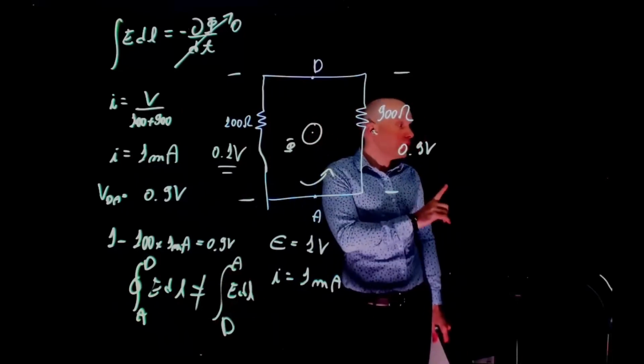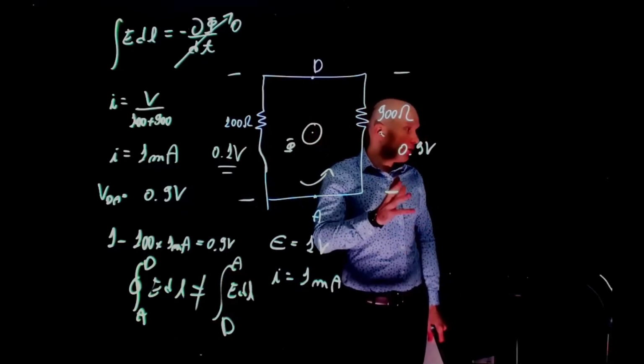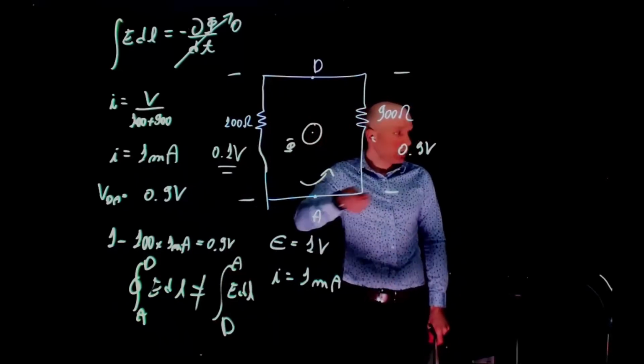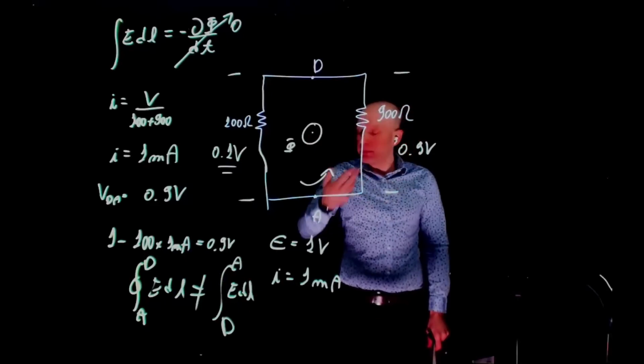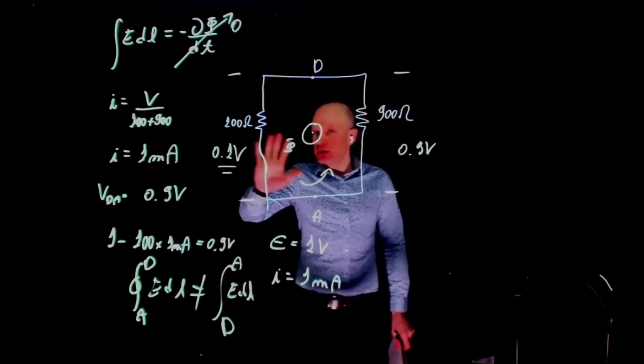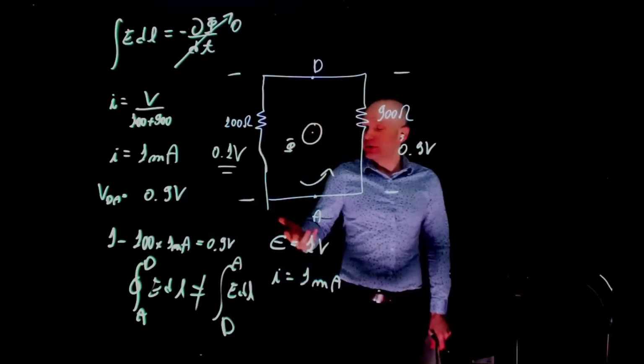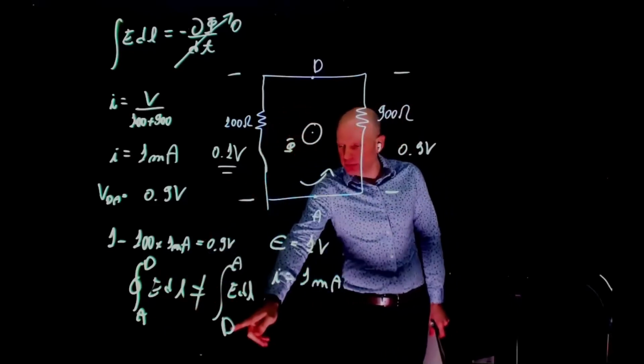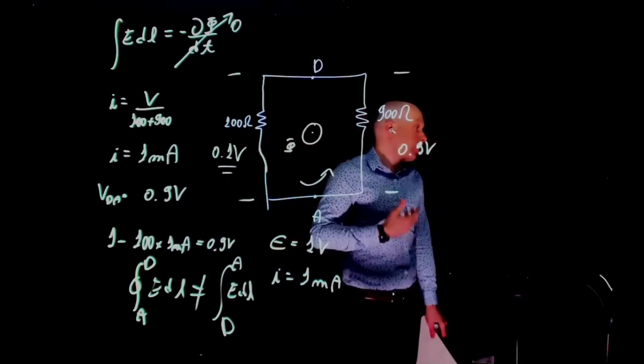But that only holds when you have a conservative field of forces. When the field is not conservative, the work done by the mass depends on the path. So now it's the same here. We have a non-conservative magnetic field. And now if you go from A to D, that is not the same as going from D to A. The path now matters.